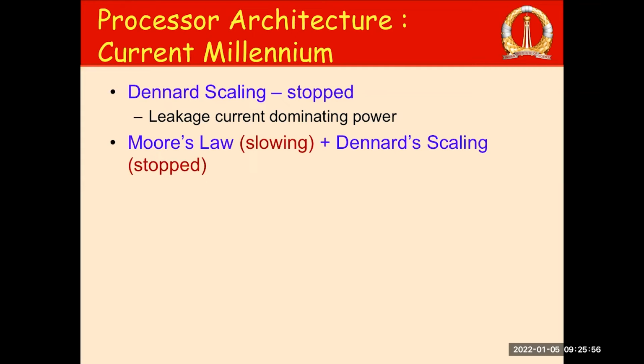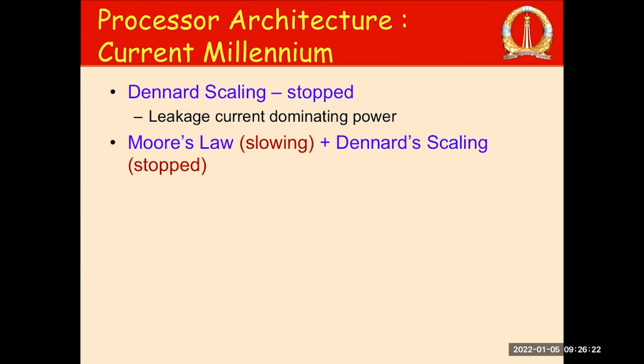And because of that, as you decrease the feature size, going from, let's say, 0.14 nanometer to let's say 0.07 nanometer or 0.1 nanometer, the challenges in scaling were much higher. So Moore's law was slowing down.